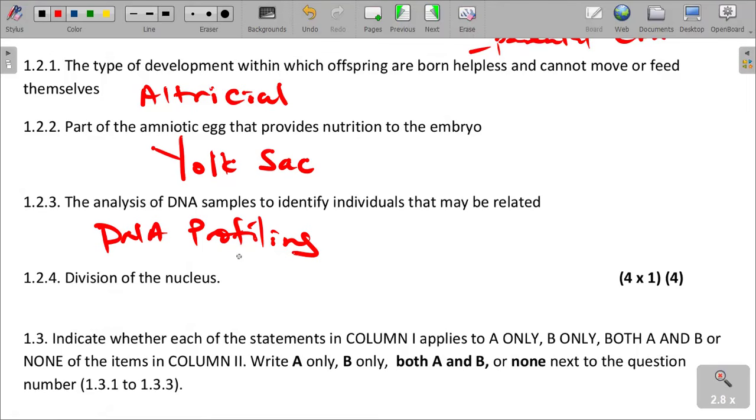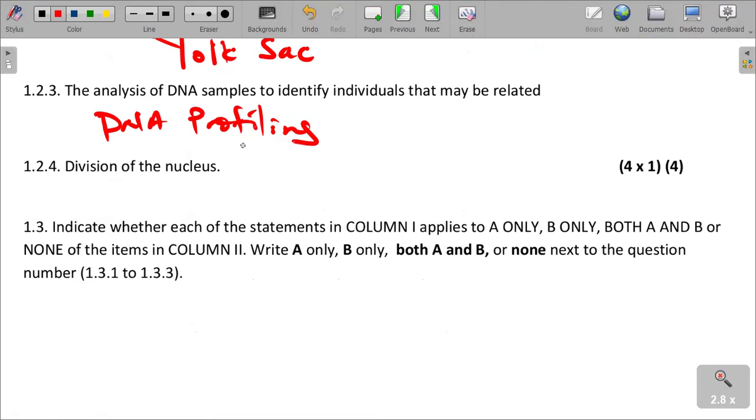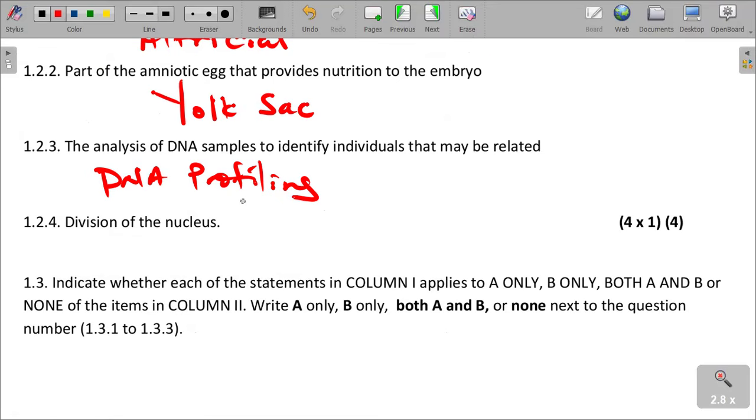Please follow up and get rid of this. The division of the nucleus is called karyokinesis.